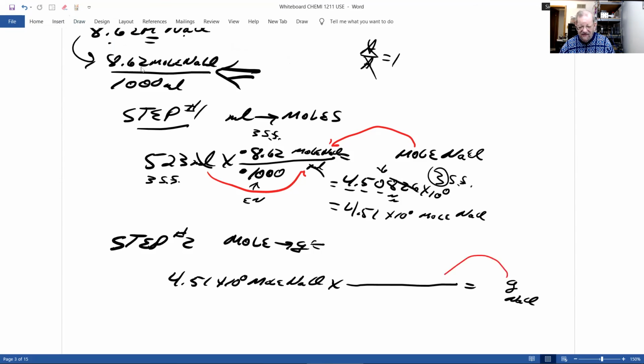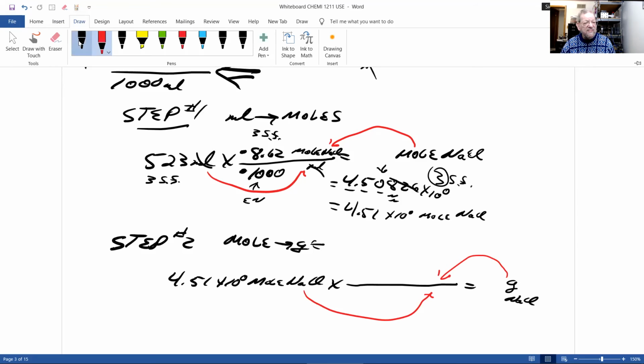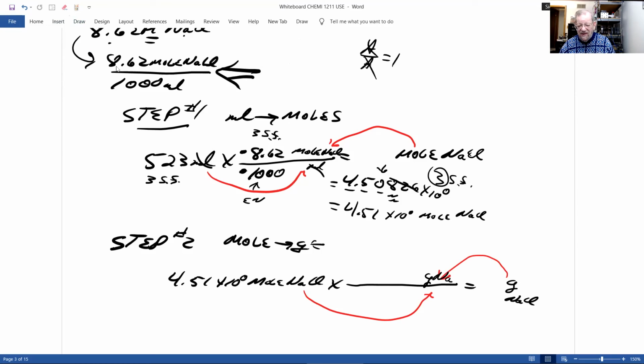If I go here, whatever I'm trying to get to goes on top of that ratio. Whatever I'm trying to get rid of goes underneath. And here we have grams of sodium chloride. Here we have moles of sodium chloride. And where do I get a relationship of grams of a compound to moles of a compound? Ooh, good question.